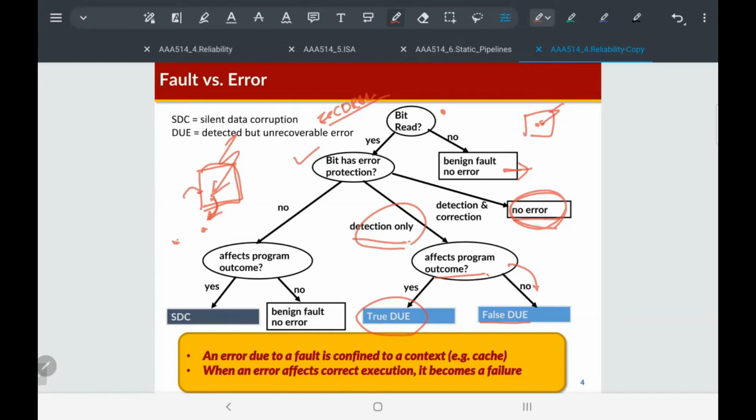But this is not called an error because it's not harmful, because it is determined by the processor architecture and also by applications. Even though faults occur in our processors, if these faults are not harmful in our systems, we cannot say this is an error.